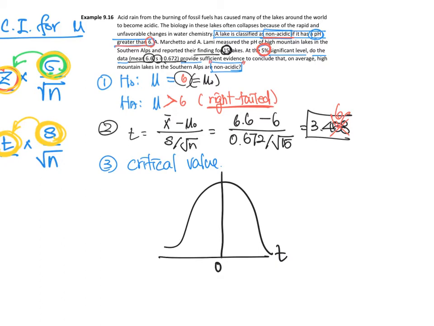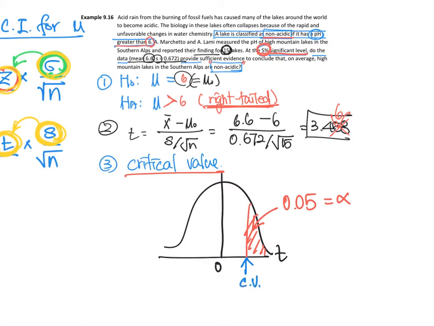Now we plug the alpha, the significance level, on the right tail. So here is 0.05, the alpha, and the critical value is the value here.